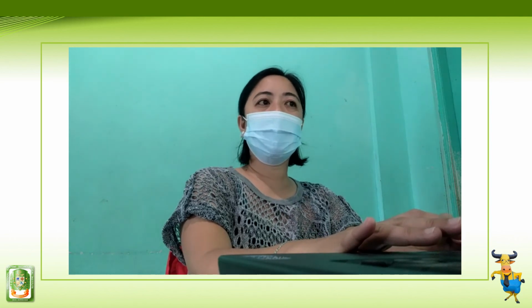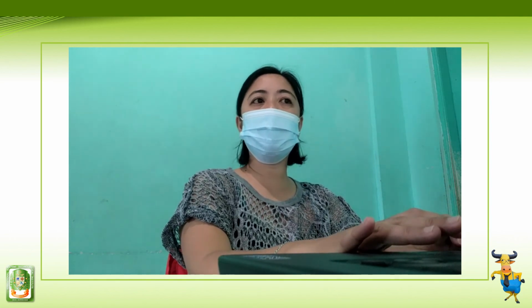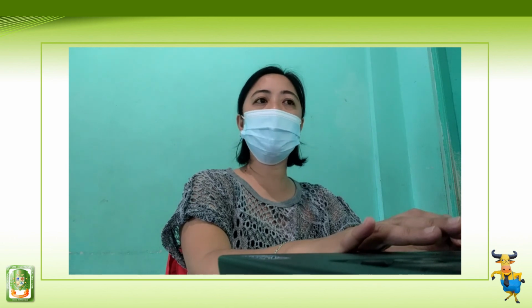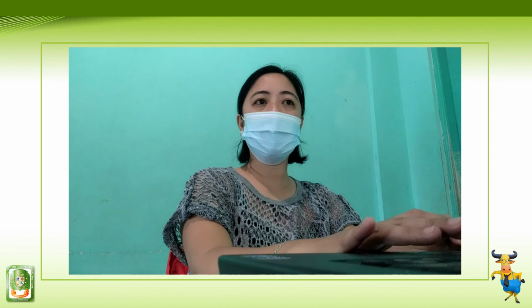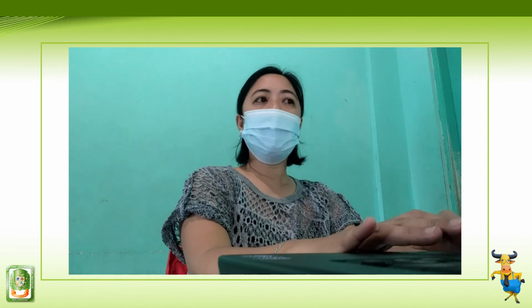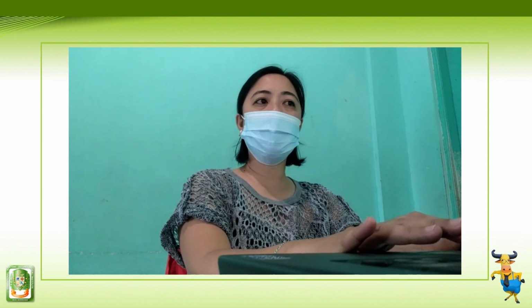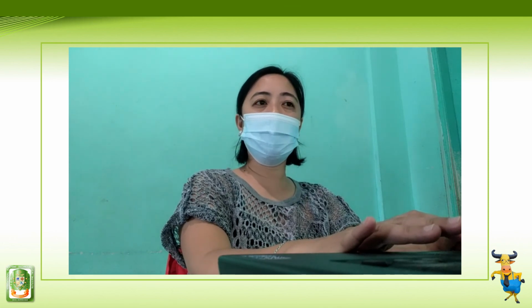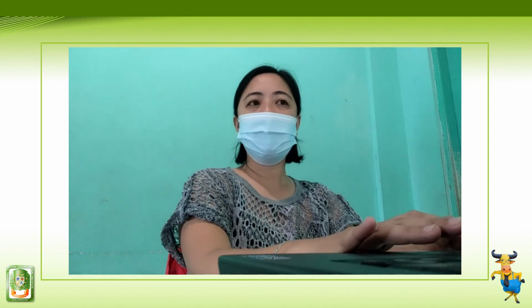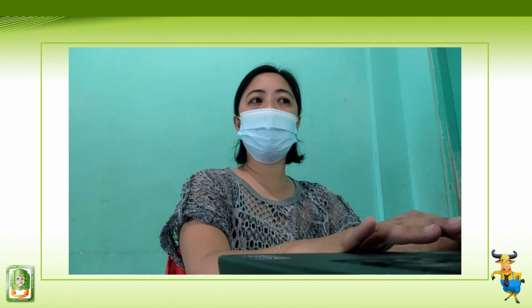Number 3, caregiving is the act of looking after an individual, helping him or her to do what he or she can do by himself or herself if he or she could, and helping him or her when he or she can no longer move or do things by himself or herself.